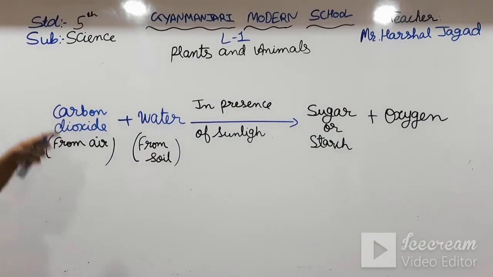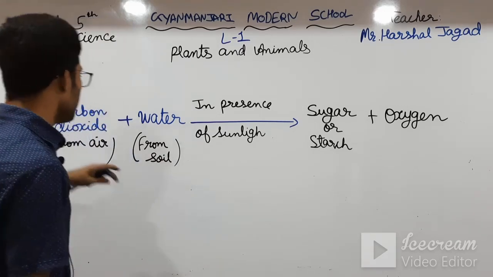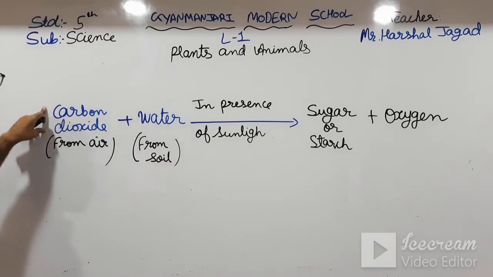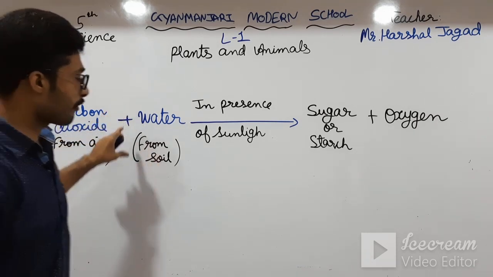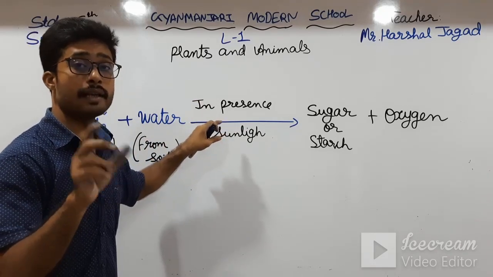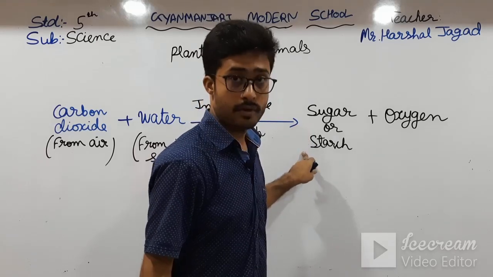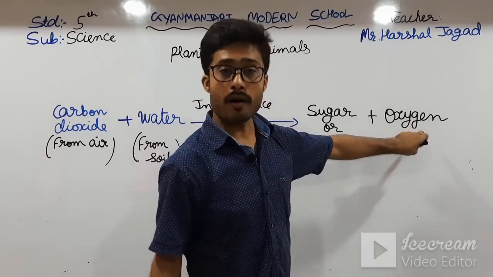Means how does the plant produce their food by their own? First of all, from the air, they take carbon dioxide and then water from the soil, and in presence of sunlight and chlorophyll in the leaves, they produce sugar or starch plus oxygen.